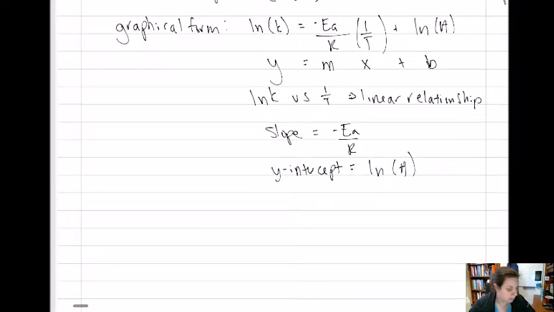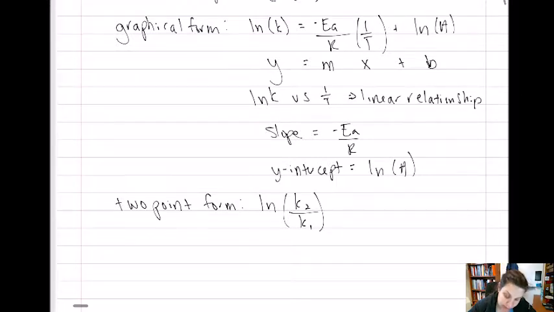Okay, we could do some more math, and we can find our 2-point form of the Arrhenius equation. And this is ln k2 over k1 is equal to negative EA over R, 1 over T2 minus 1 over T1.